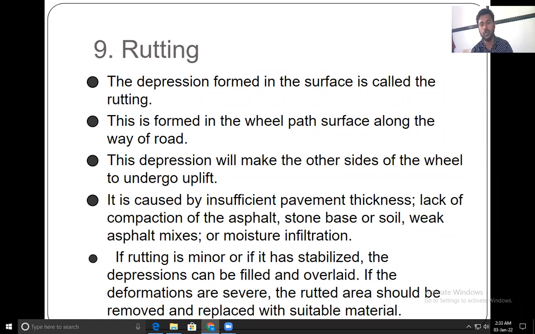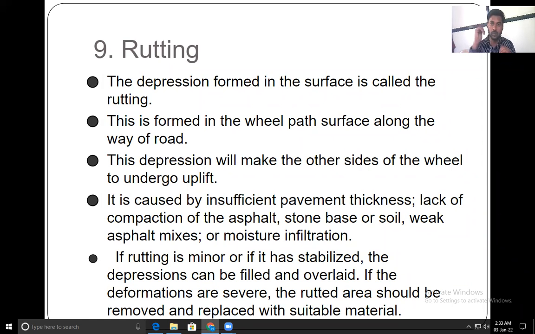If the rutting is minor or has stabilized, the depression can be filled and overcome. If the deformations are severe, the rutted area should be removed and replaced with suitable material. Suppose the ruts are very small, then we fill and overlay another material and make it plain.